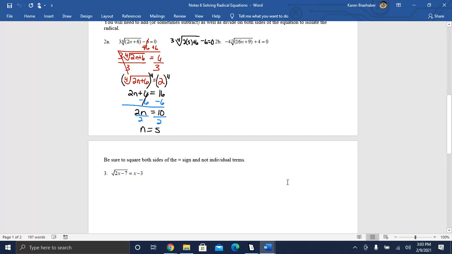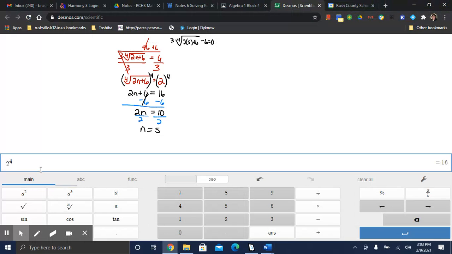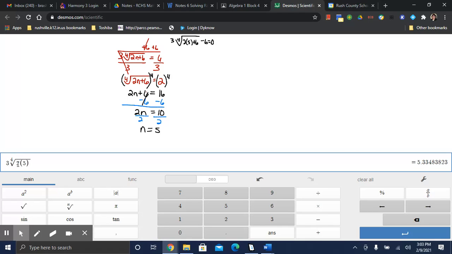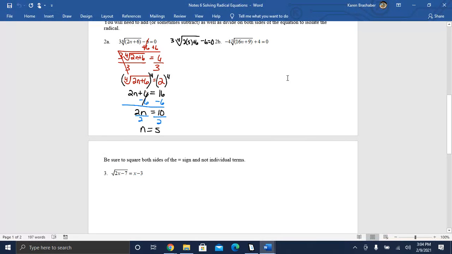So you can either work that out by hand, or I'm trying to encourage you to use your calculator if you need it. So we have 3. We can put in our 4th root right here. There's a 4th root. I have 2 times 5 plus 6. And then I have outside of the radical the minus 6. And I need to see that that's 0, and it is. So I do have a check for this problem.